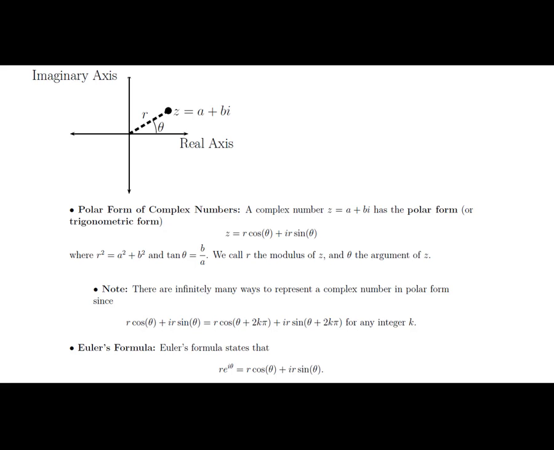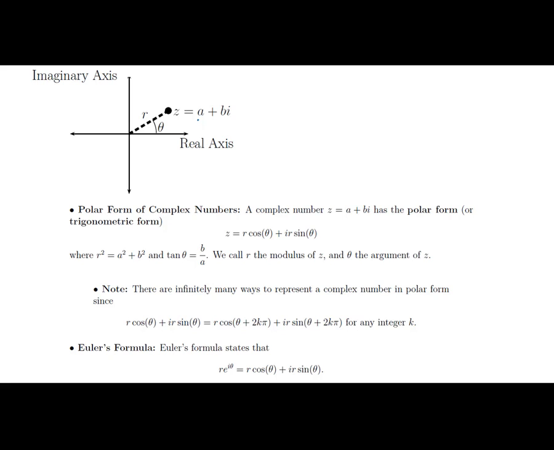So let's take a complex number and let's put it in the complex plane here. So we have our little point here representing the complex number a plus bi. And let's keep in mind that we just learned how to express points in the xy plane in terms of polar coordinates.